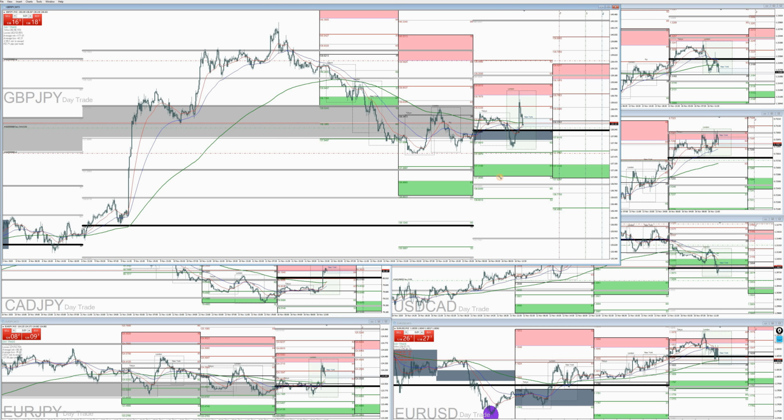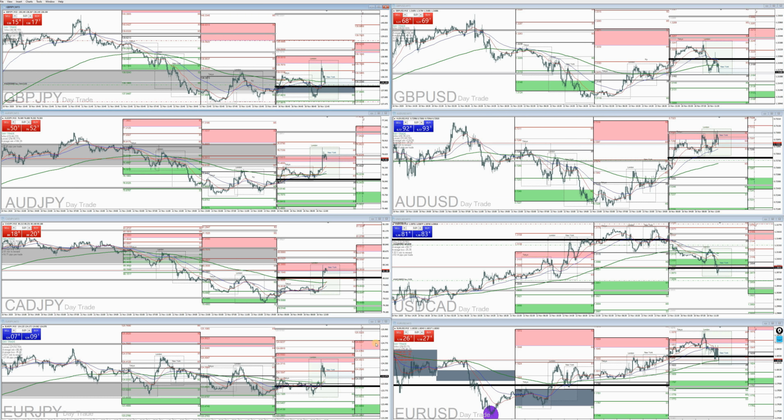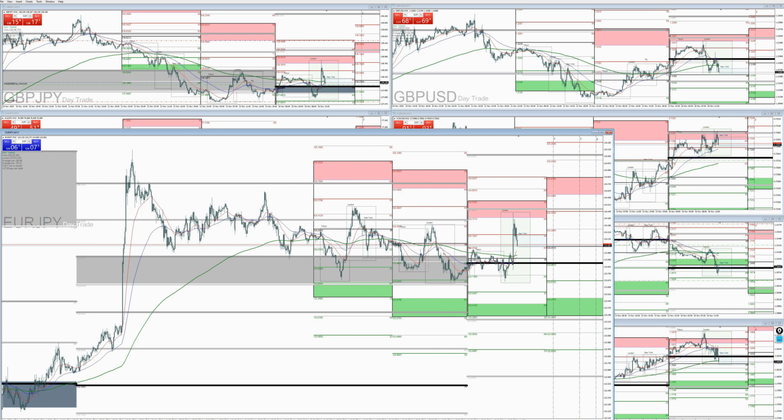Okay, with the spread, that's good. All right. And the other one I'm looking at here is the euro yen. So we did, let's expand this here. Okay. This is what I'm looking at here. I'm looking at the breach.